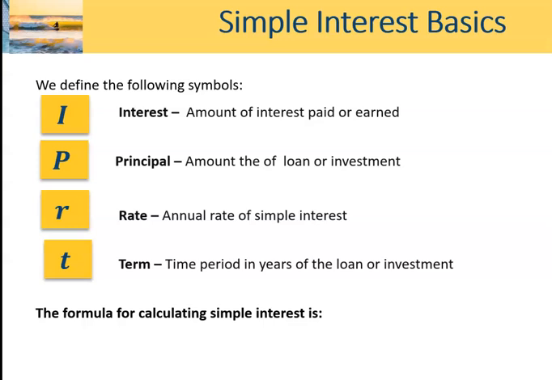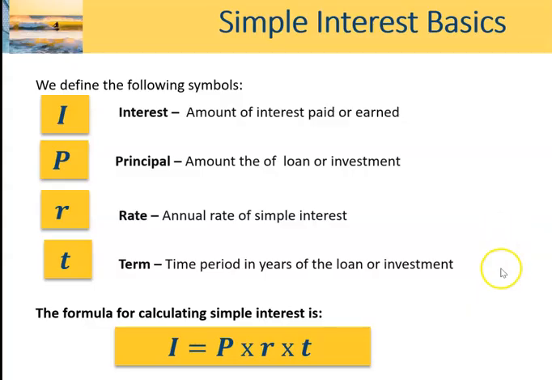Keep in mind that with simple interest we'll be talking in partial years. Maybe it's only for 30 days. So your formula is: interest equals principal times rate of interest times term, the period of time that the money is either invested or loaned.